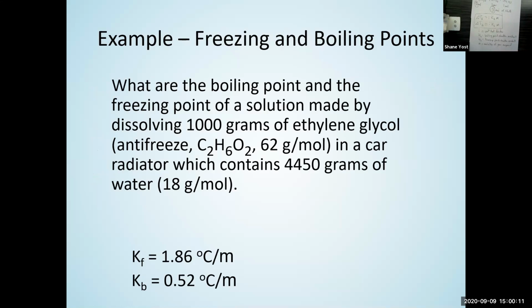Now, typically you do these mixtures by volume ratios, typically 50% water, 50% ethylene glycol. But water is more dense than ethylene glycol, and so that's why it ends up being more of a mass, that's why it's 4,000 grams versus, say, 1,000 grams. But these gram ratios are relatively equivalent to the volume ratios that you typically use in antifreeze.